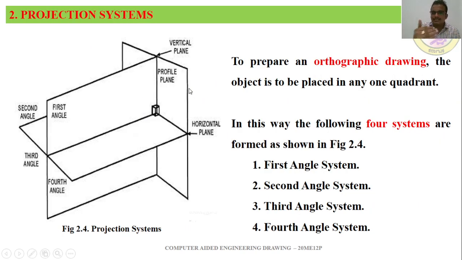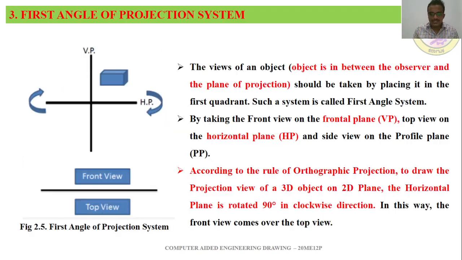I am giving another view of this quadrant system also, how it will look. In this way the following four systems are formed: first angle, second angle, third angle and fourth angle systems of projection. So we have four different kinds of projection angle systems.